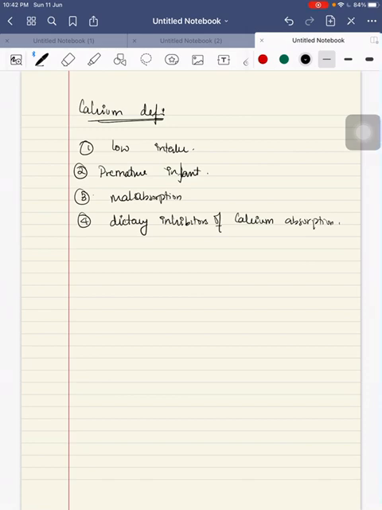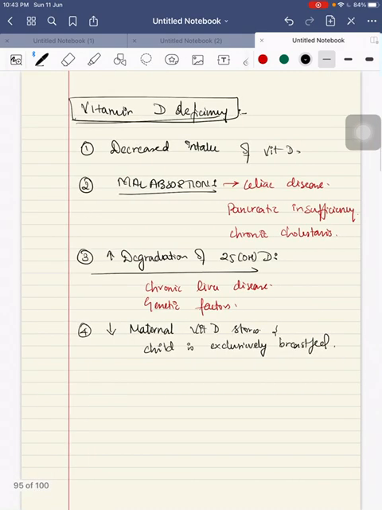Okay. And in phosphorus deficiency, same as calcium, it can be due to low intake. Second, it can be due to prematurity. Third, when it is taken with antacids, because all the antacids can inhibit this phosphorus. Okay, these are the causes of nutritional deficiency rickets.